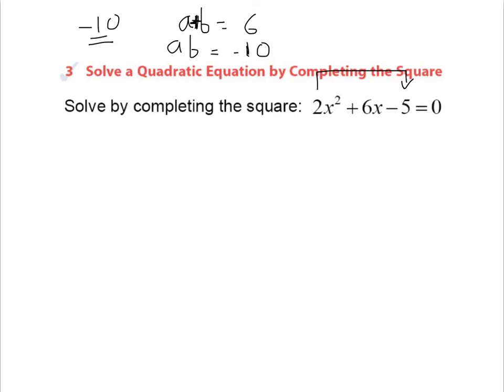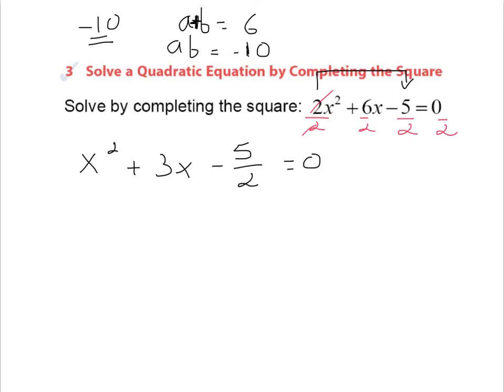First, let's eliminate the 2, because we want the coefficient of x squared to be equal to 1. So we can divide by 2 on all sides, and we come up with x squared plus 3x minus 5 over 2 equals 0.